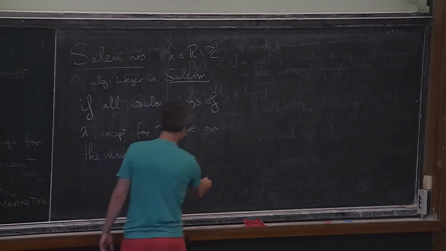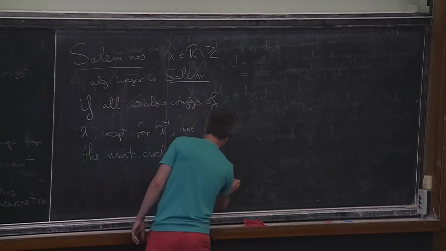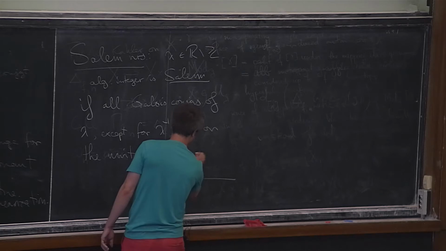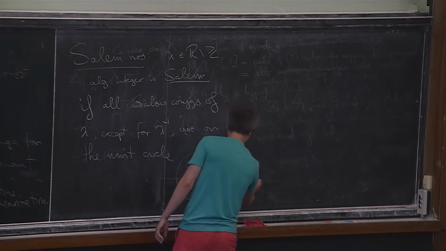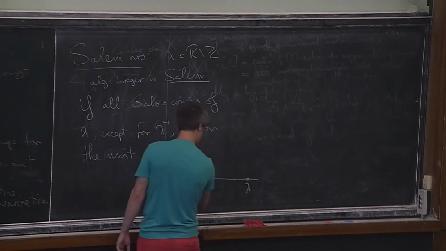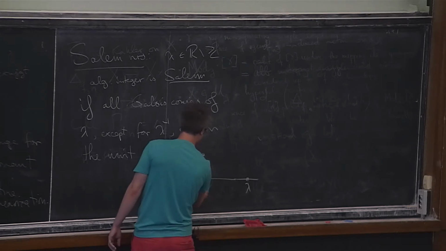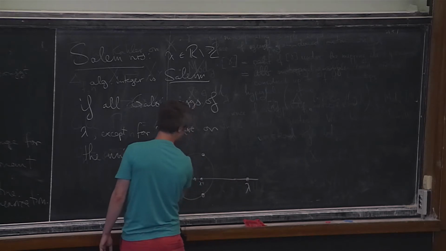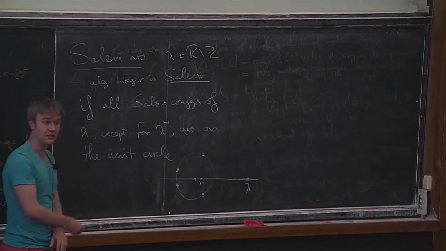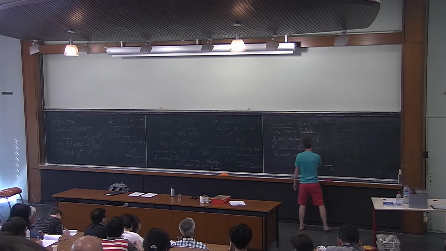So what this means is that if you draw, here's 0, here's lambda, here's lambda inverse, and then you have all the other roots which come in complex conjugate pairs, because this is a real algebraic number.